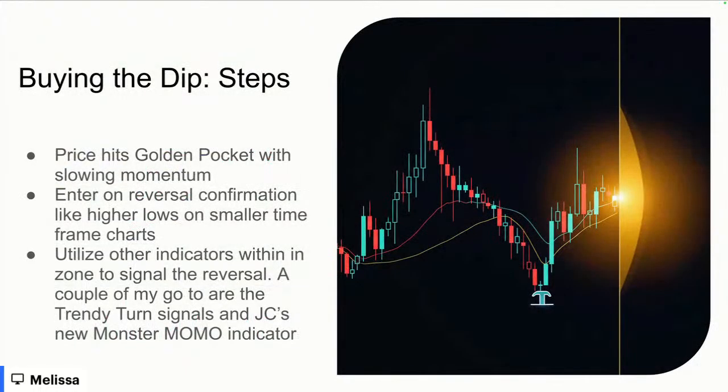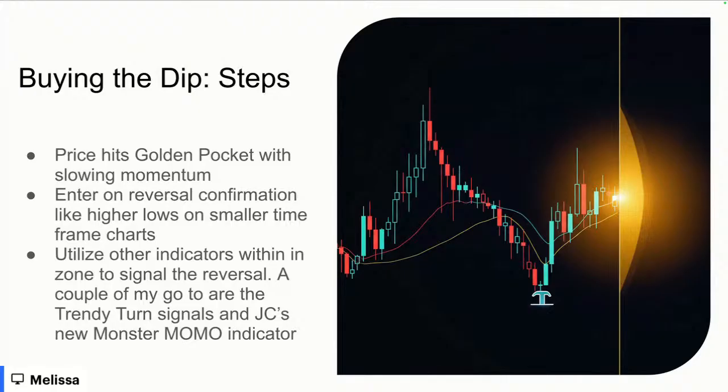Here are the steps that I take for buying the dip in the golden pocket. I don't just blindly buy the golden pocket, I wait for confirmation. I like to enter on reversal confirmation like higher lows on smaller time frame charts and use other indicators within the zone to signal the reversal.